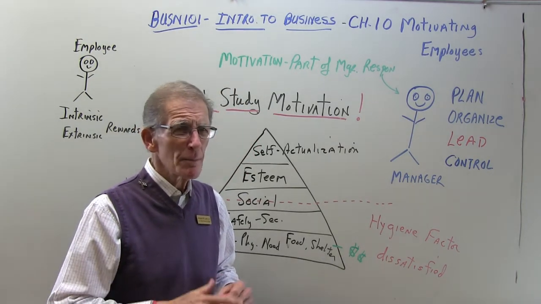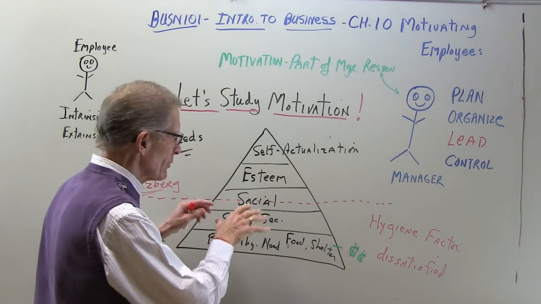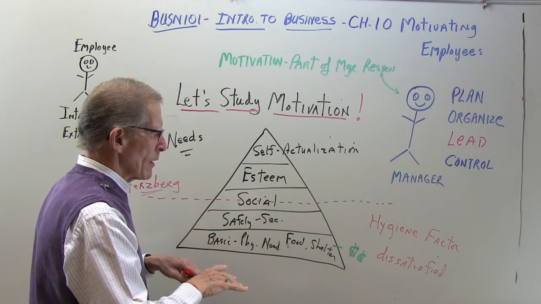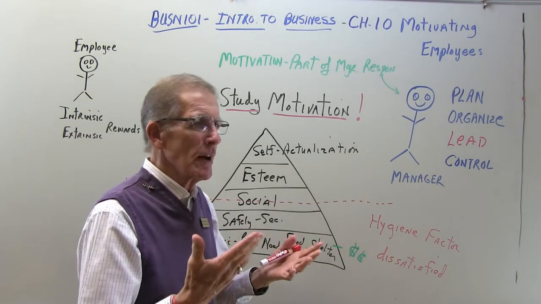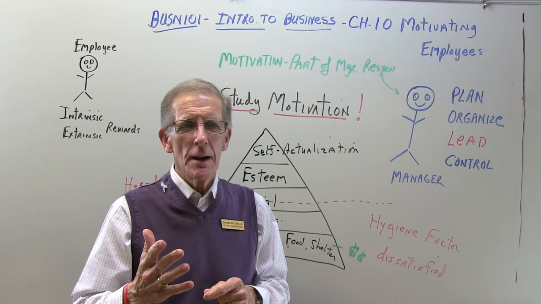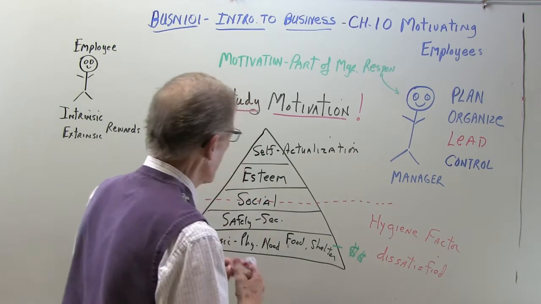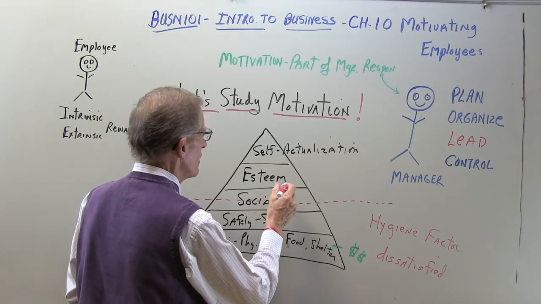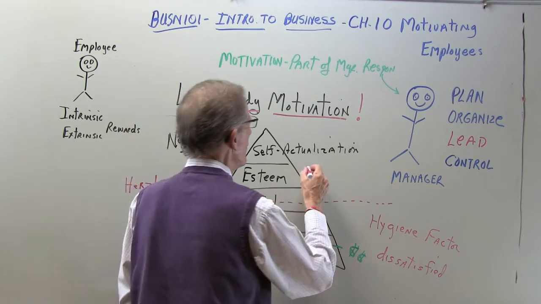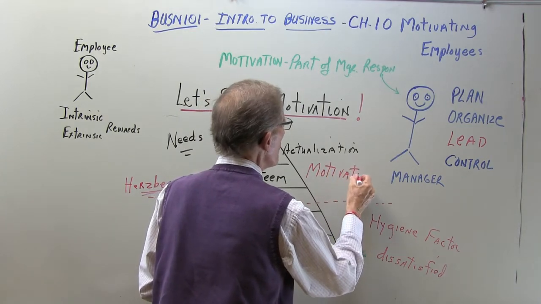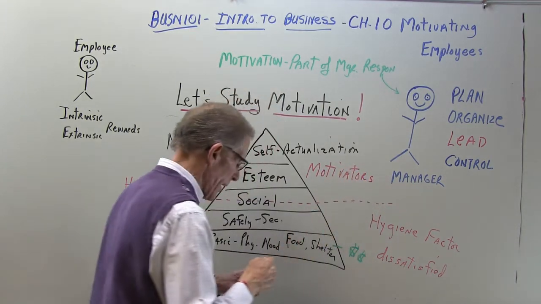You see what he's saying? He said, look, there's expectations for this. These are hygiene factors. These are things you expect. And if I don't get them, I'm going to be dissatisfied. I'm not going to be motivated. He says, Hertzberg, the higher level social needs, the esteem and the self-actualization, these are the motivators. These are the things that motivate folks.